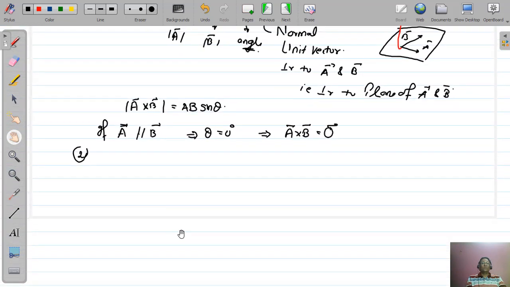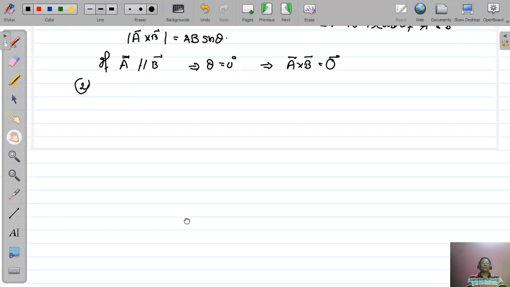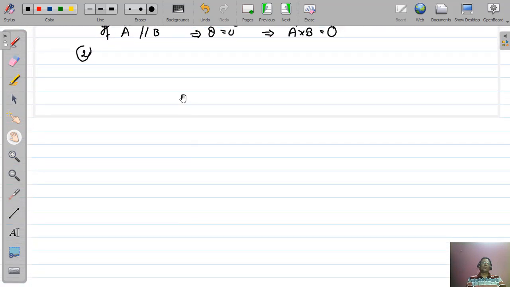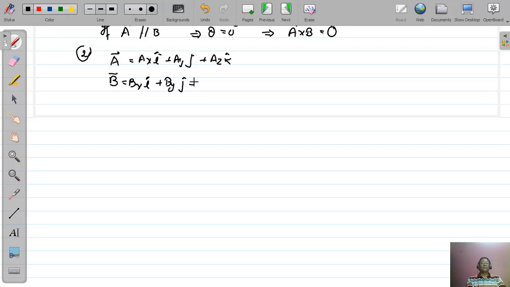We should know the result of cross product in terms of the unit vectors, that is, in terms of components of the vector. As we have already said, vector A equals AX i plus AY j plus AZ k, and vector B equals BX i plus BY j plus BZ k.